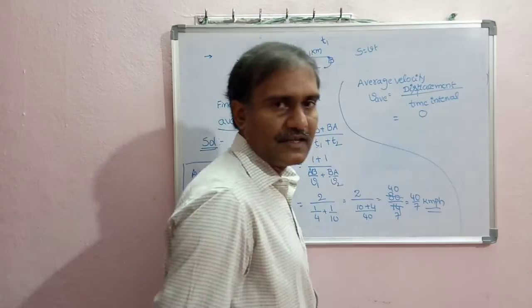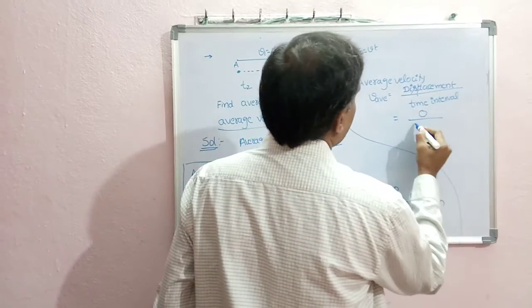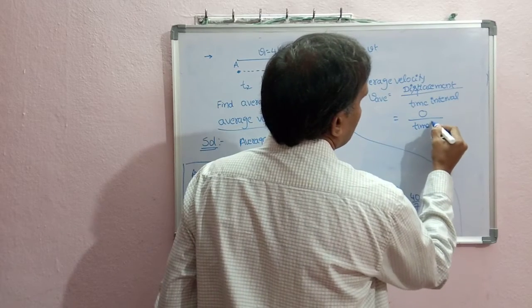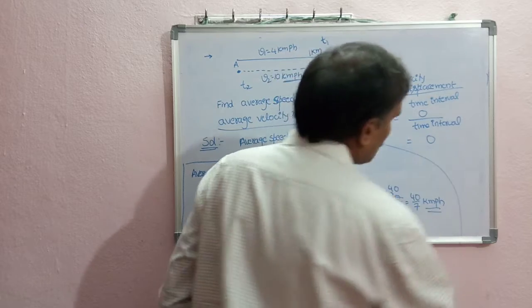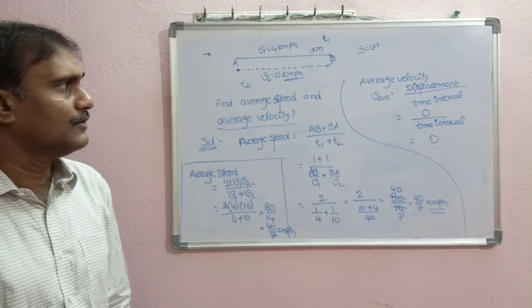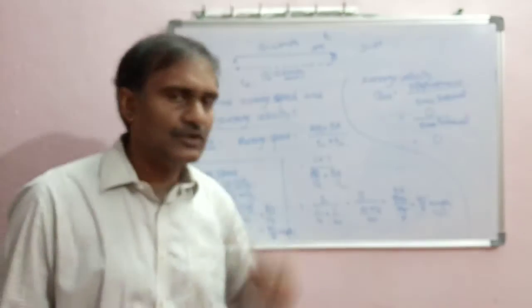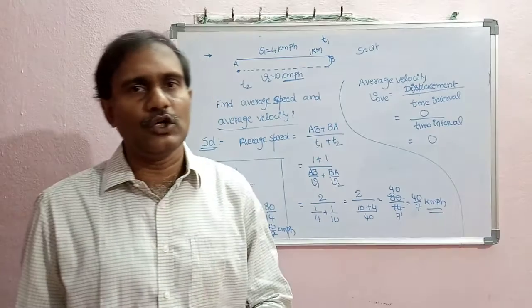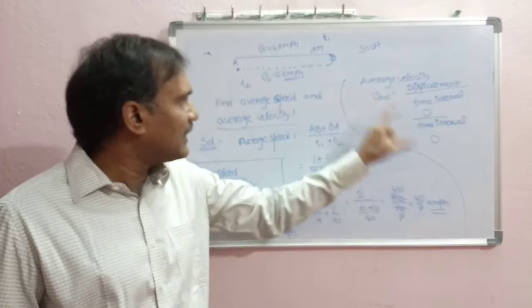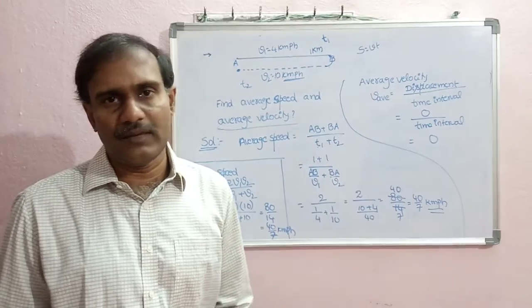Displacement becomes 0. 0 divided by time interval, then average velocity is equal to how much? 0. Is the average speed equal to average velocity here? No. Average velocity here is 0. Remember that.